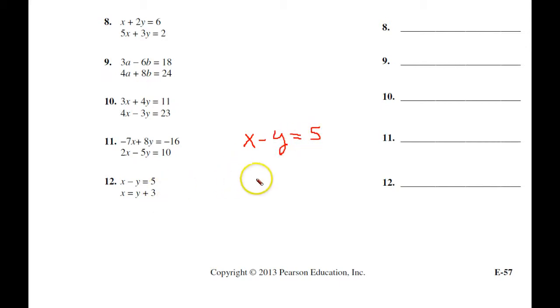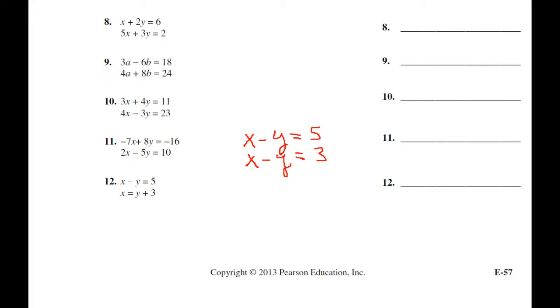Now here it's going to be x minus y. I bring the y over, and this equals 3. Now you might say, if I add it up the way it is, nothing's going to happen.